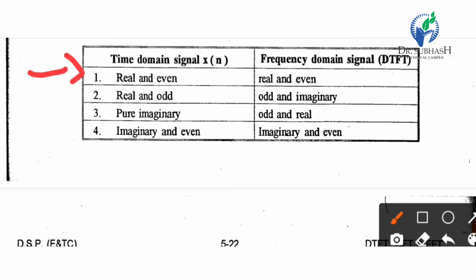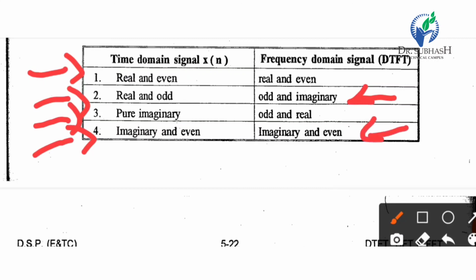When the time domain signal is real and odd, in the frequency domain it is odd and imaginary. When the time domain is pure imaginary, the frequency domain is odd and real. When the time domain is imaginary and even, the frequency domain is imaginary and even.